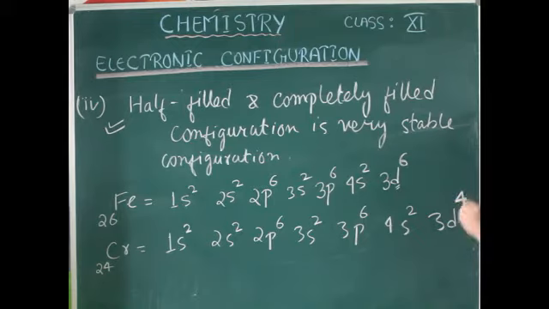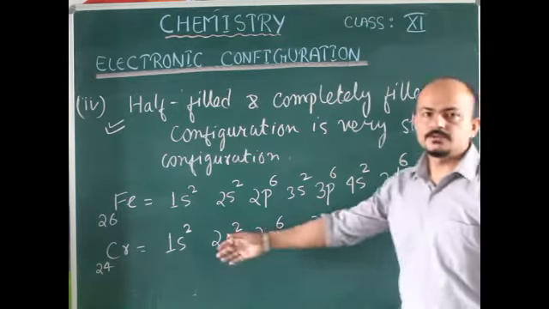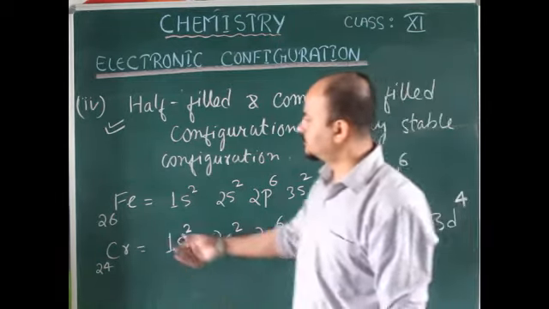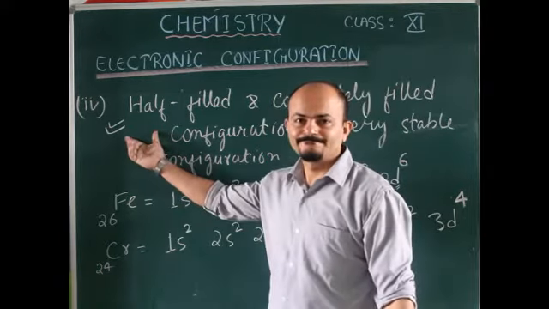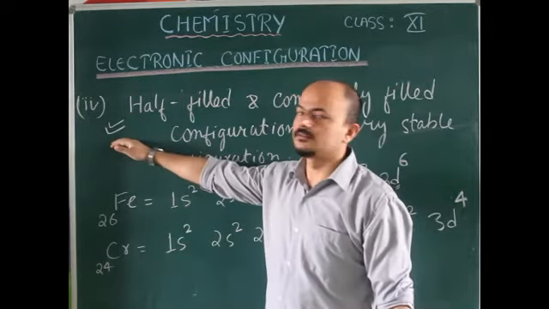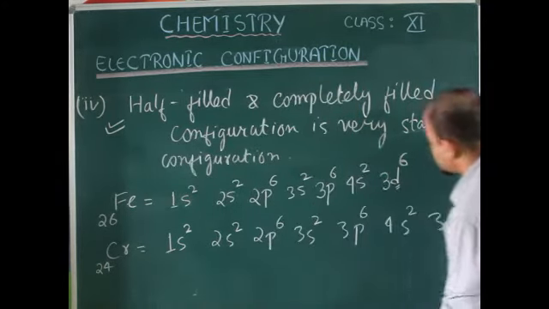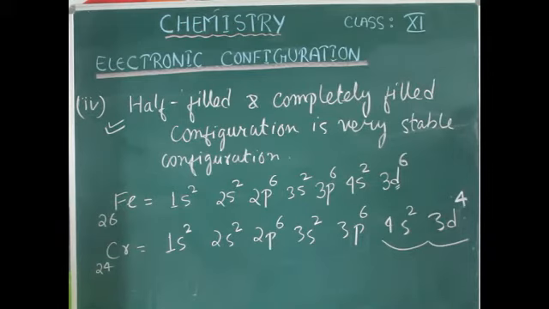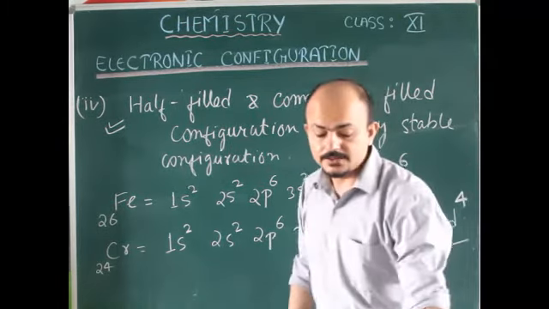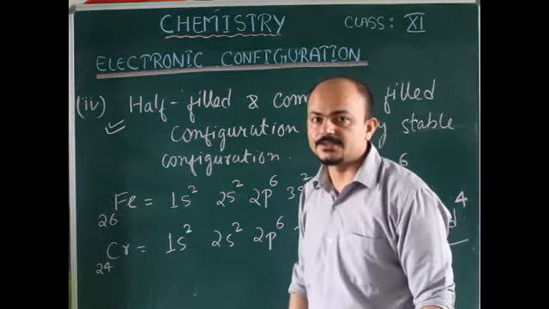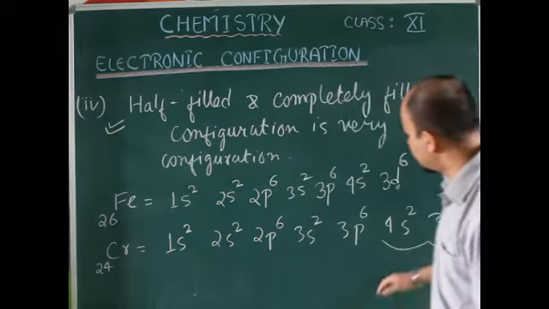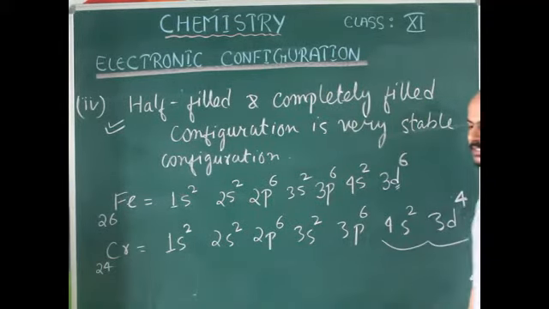Yes or no? If you don't apply this fourth law, then according to you this electronic configuration is correct, and you will be expecting marks in your examination, because you will be thinking that this electronic configuration is correct.